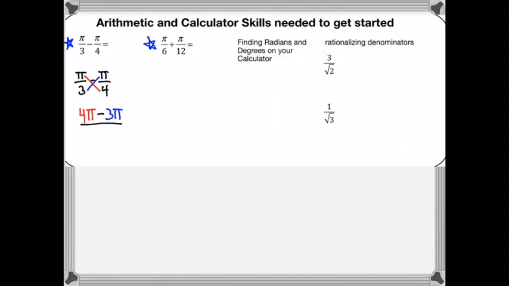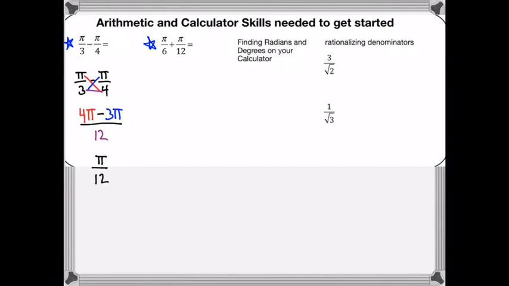Then I go 3 times 4, which is 12. At the end of the day, 4 pi's minus 3 pi's gives me 1 pi over 12, okay? So you think of pi as a variable, if you will: 4 objects minus 3 objects gives you that object, just like pi would, okay?